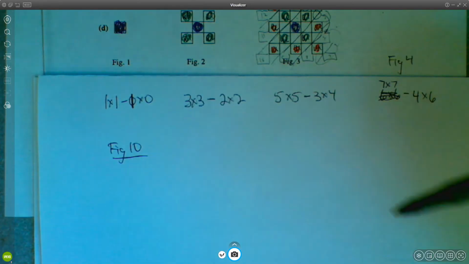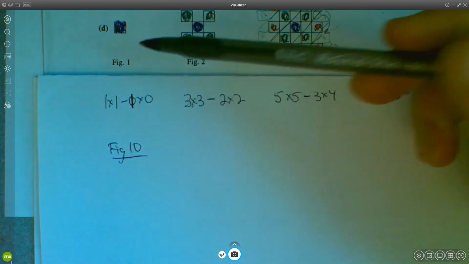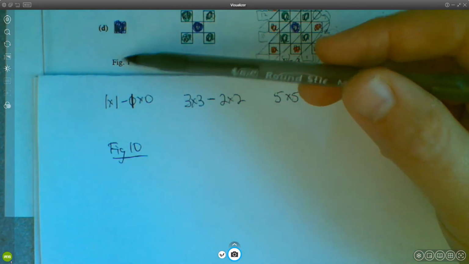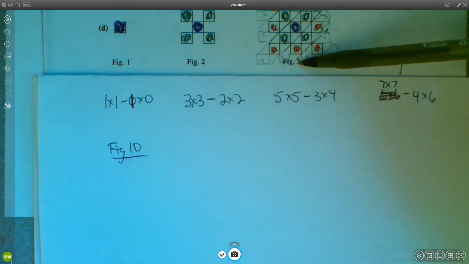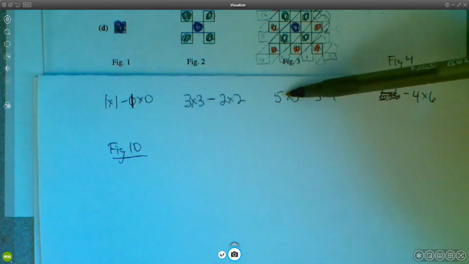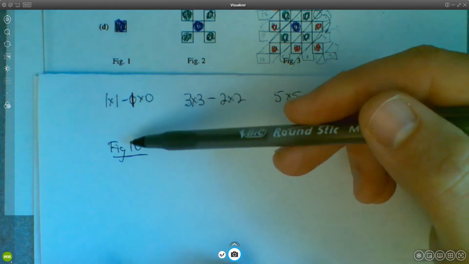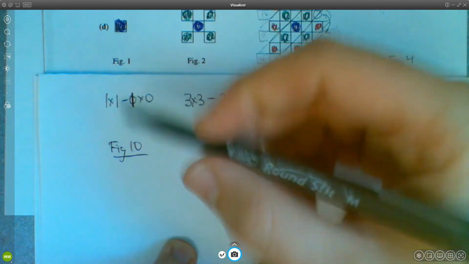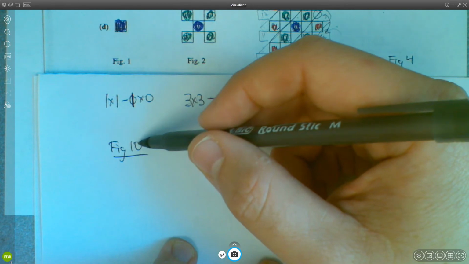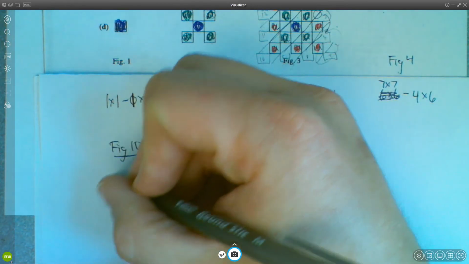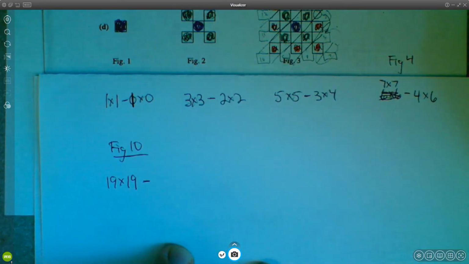So actually, it's 2 times the figure number minus 1. Right? 2 times 1 is 2, minus 1 is 1. 2 times 2 is 4, minus 1 is 3. 2 times 3 is 6, minus 1 is 5. 2 times 4 is 8, minus 1 is 7. So I think that's the key, it's going to be 2 times this minus 1. So 2 times 10 is 20, minus 1 is 19. So it's going to be 19 by 19 minus.